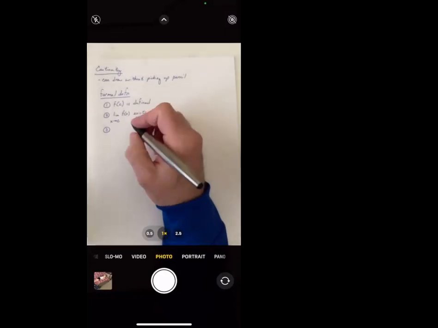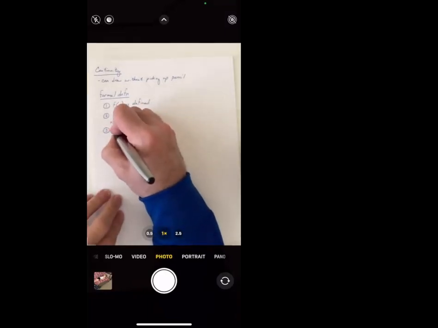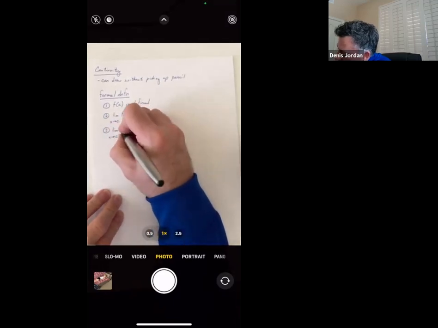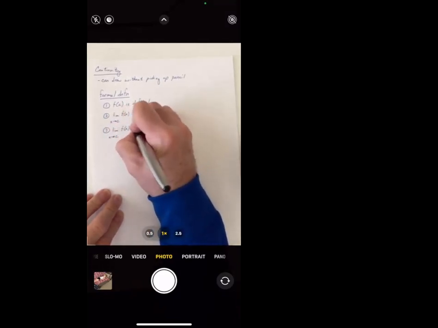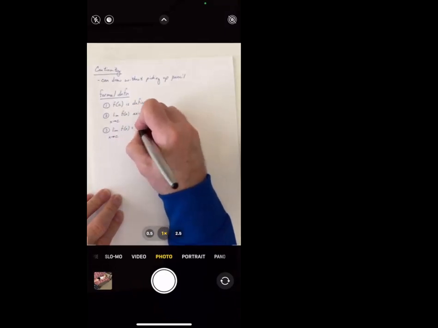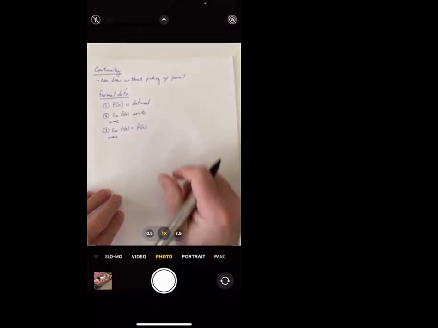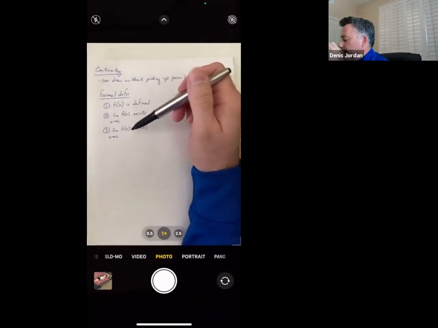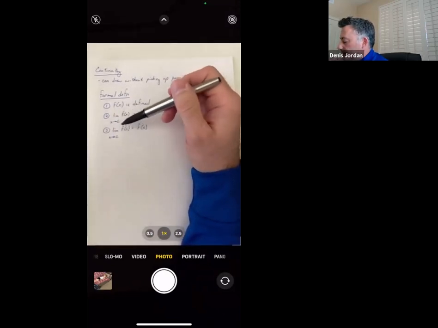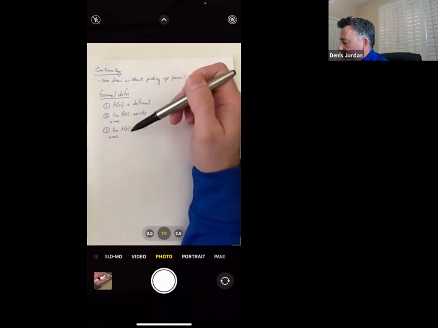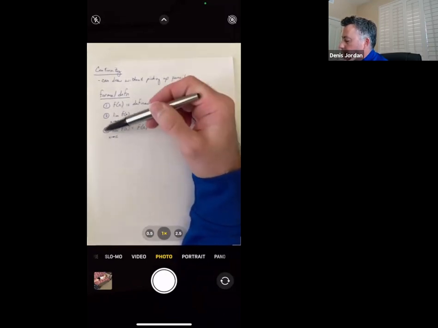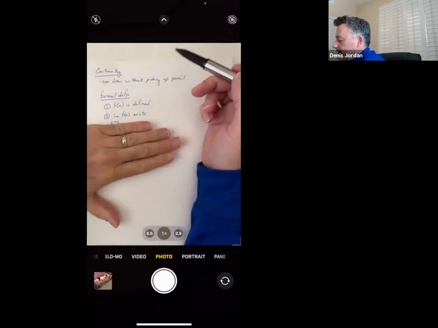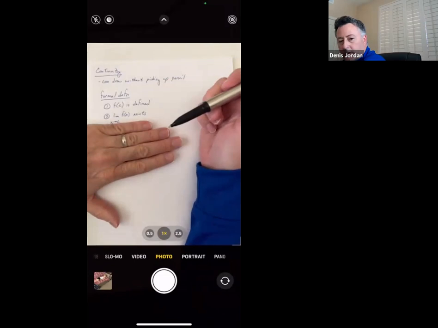The limit of f of x as x approaches c is equal to f of c. So the function exists, the limit exists, and that's not enough. The third one says, not only do they have to exist, but they have to equal each other. So why is the third one important? Why is it not enough to have just the first two?